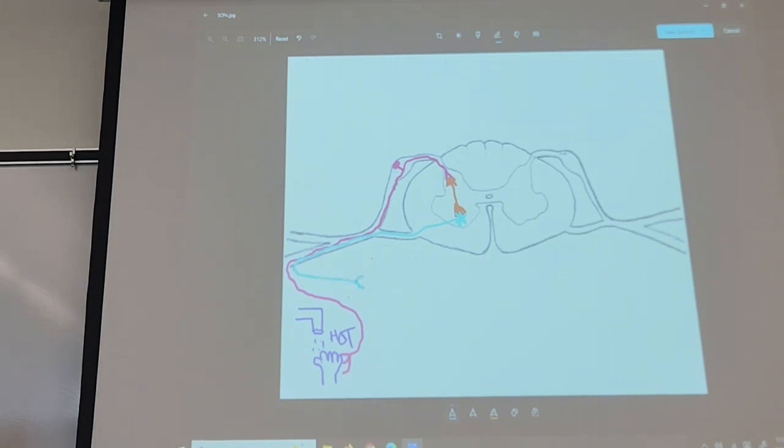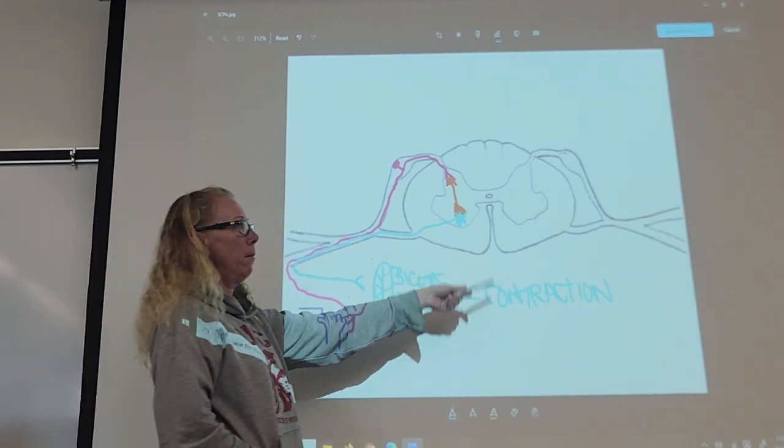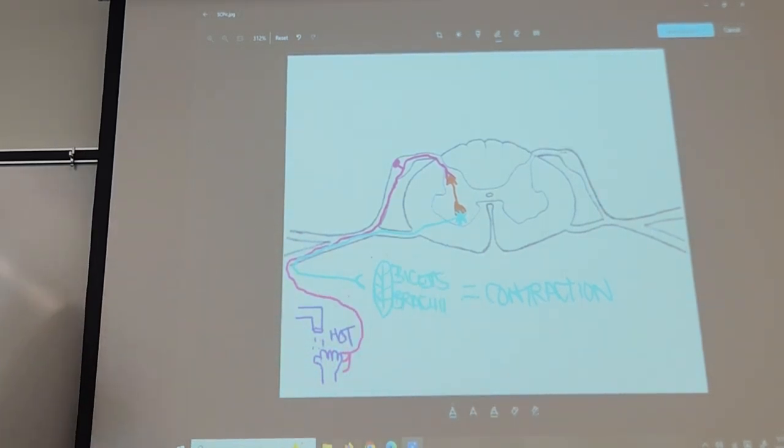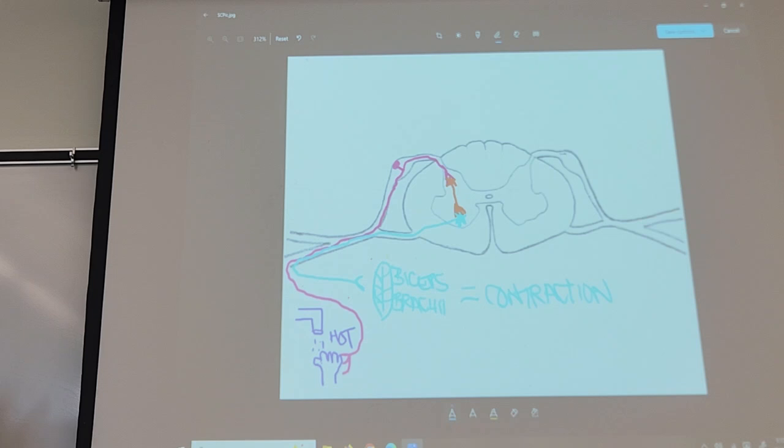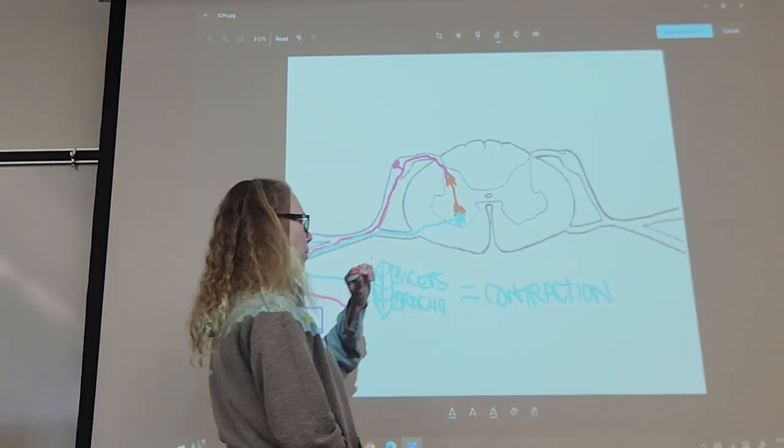And it's going to terminate on, again, let's say the biceps brachii. And the overall result is contraction. And this is going to be contraction away from the painful stimulus, okay? Because the receptor is sensing pain, not stretch.